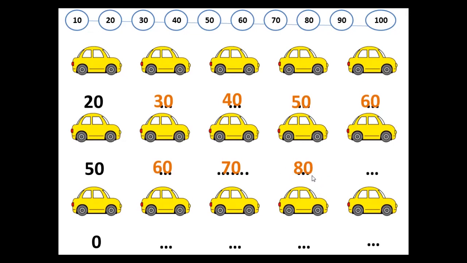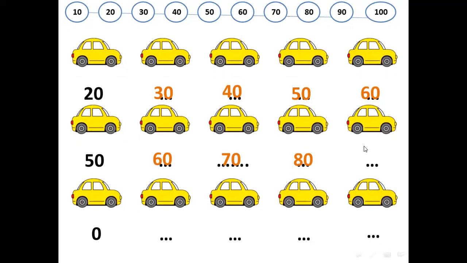When I'm counting in tens, what comes after 80? 90. Wow. Thank you, sweetie.